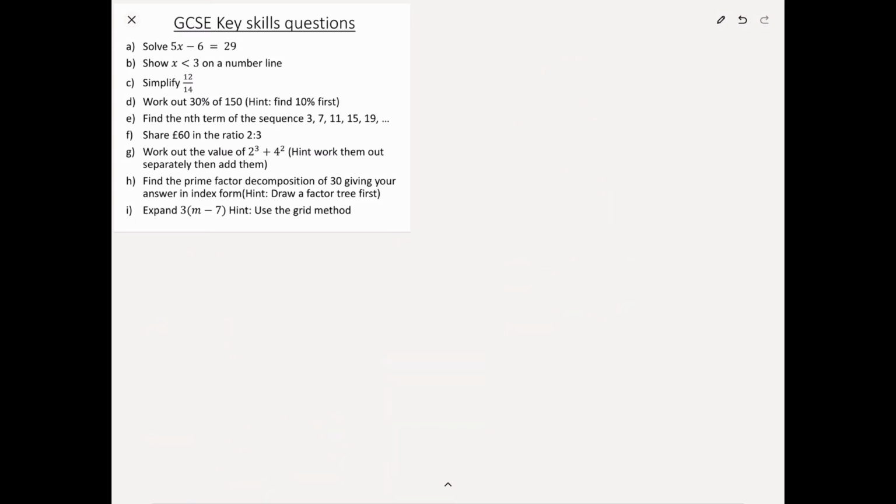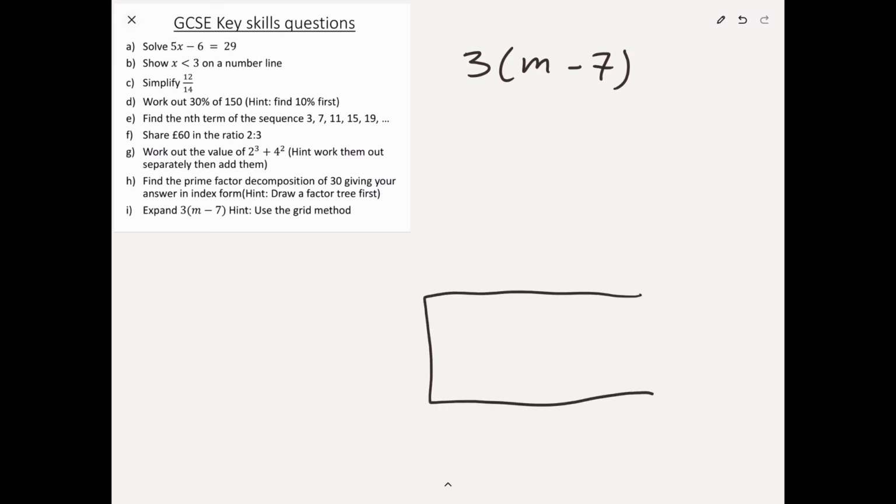Last question then, question I, expand 3 and then in brackets m minus 7. Hint, use the grid method. Well, the grid method then looks like this. Hopefully you'll use a pencil and a ruler, it'll look much better than my grid. Well, it's a 2 by 1 grid. Let's put the 3 on the left, where there's 1, and then the m minus 7 on the top, where we have 2 separate boxes.